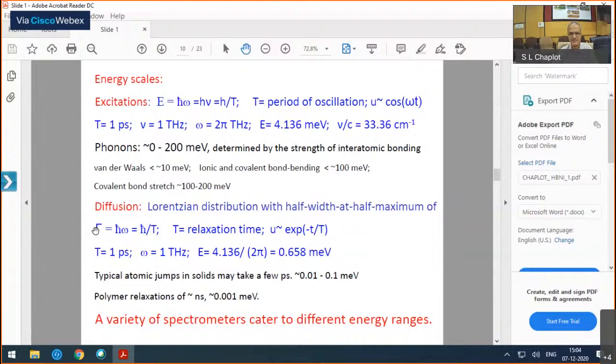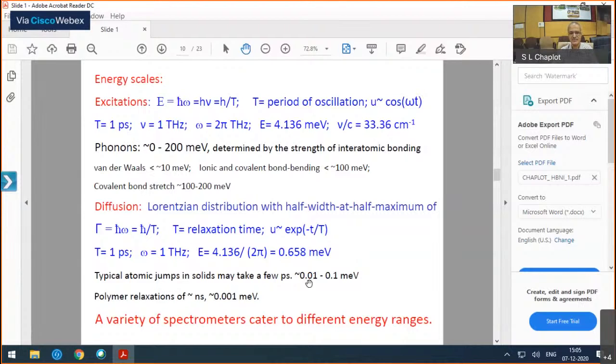So this was the energy scale we mentioned: if, for example, there is a relaxation time of 1 picosecond, it translates into a half width at half maximum of the Lorentzian of about 0.6 millielectron volt. On the other hand, if you have excitations with a time period of about a picosecond, or a frequency of a terahertz, then the corresponding energies are about 4 millielectron volts, or in terms of inverse centimeters, 33 inverse centimeters.